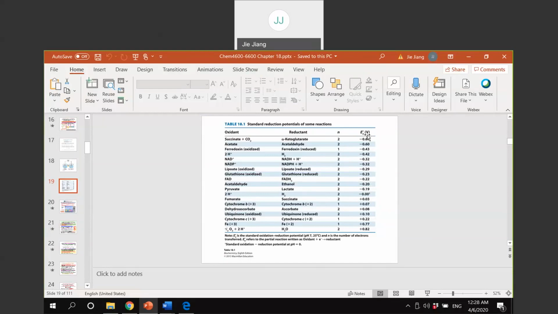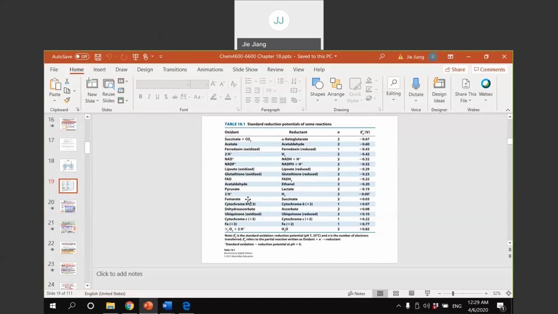So above is negative values, below is positive values. The more negative the cell potential is, the easier it will donate electrons. The more positive the cell potential is, the easier it will accept electrons.